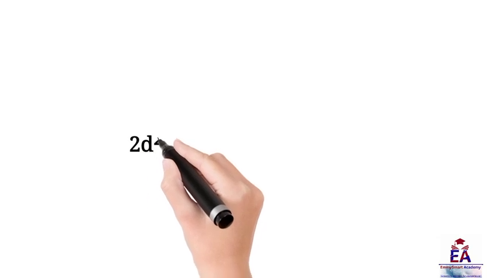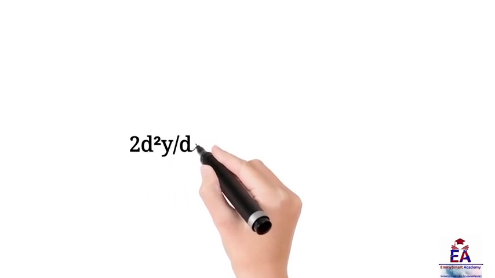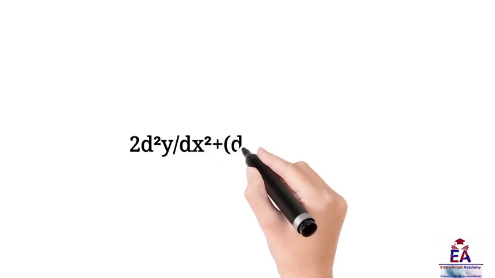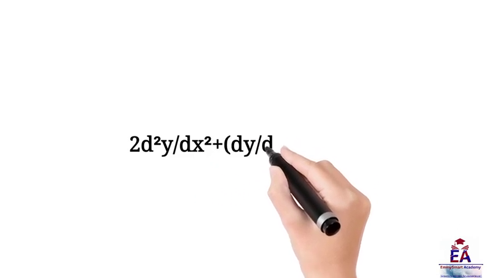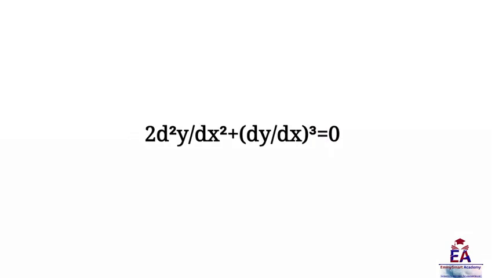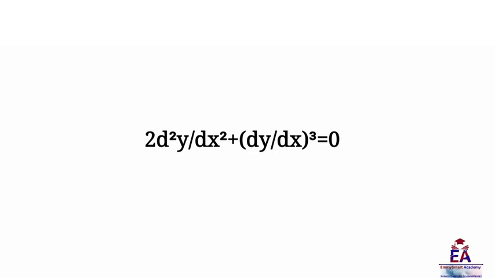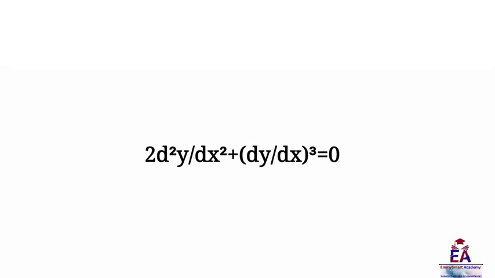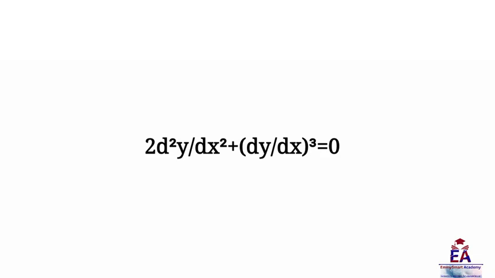We could have 2 d squared y/dx squared plus (dy/dx) raised to power 3 equal to 0. Looking at this, is it a differential equation? Remember, we said a differential equation is an equation involving an unknown function. The unknown function should be y.